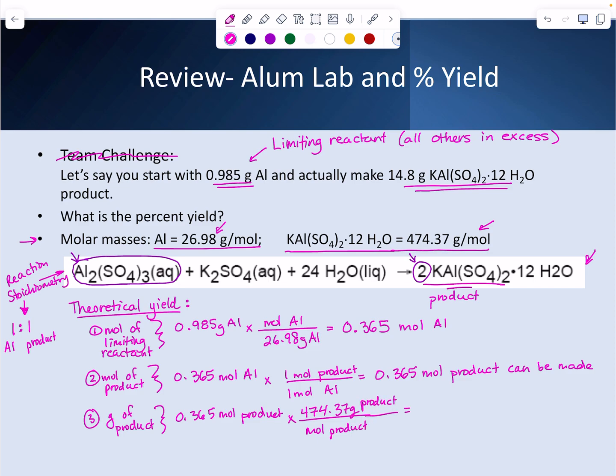Sorry, I had my decimal point in the wrong place. I'm like, that looks like too big of a number. So 0.0365 times 474.37 winds up being 17.3 grams of product. That's what we call our theoretical yield, okay?